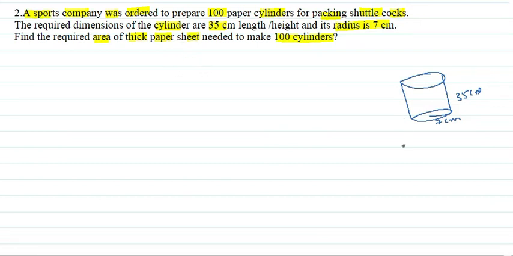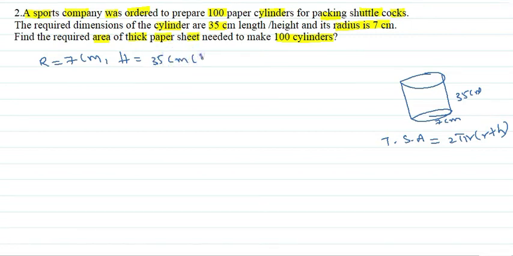So first of all we need to find the area for the one cylinder. Here we need to find the total surface area. To find the total surface area we are using the formula 2 pi r into r plus h. Here given radius is equal to 7 centimeter and height is equal to 35 centimeter, which is small h.